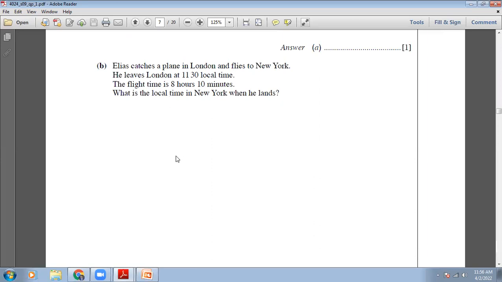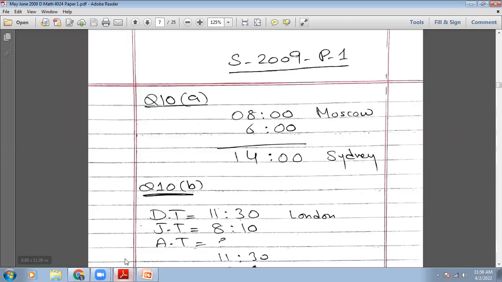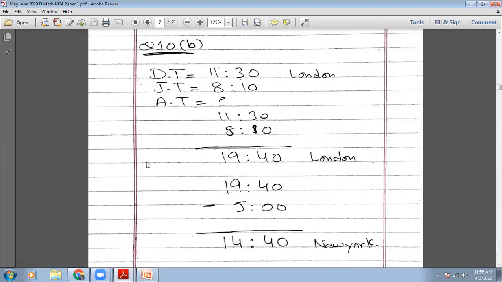Arrival time is journey time plus the departure time. But that will be in the London clock, in London's time. Then we will convert it into New York time. The New York time is 5 hours behind London. So the departure time is 11:30 according to London time. The journey time will be 8 hours 10 minutes. So the arrival time will be journey time plus the departure time, so it will be 19:40, and that will be according to London time.